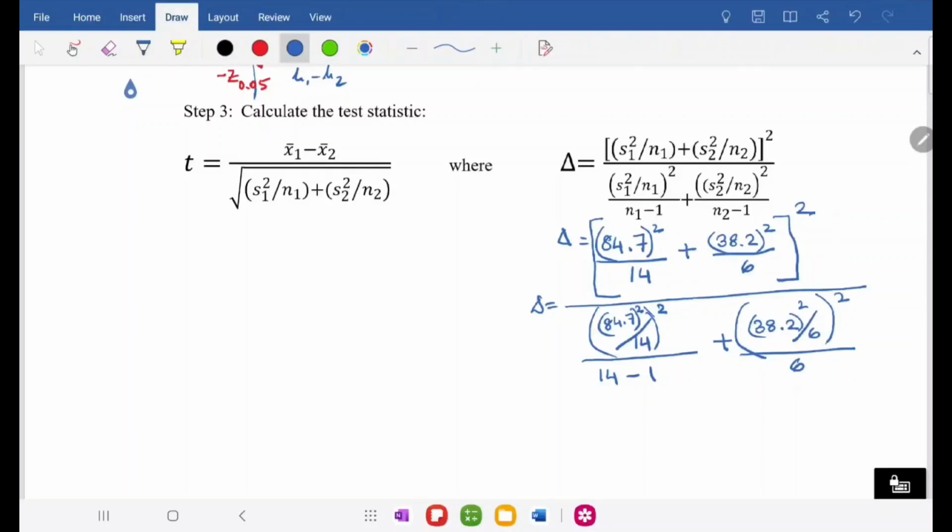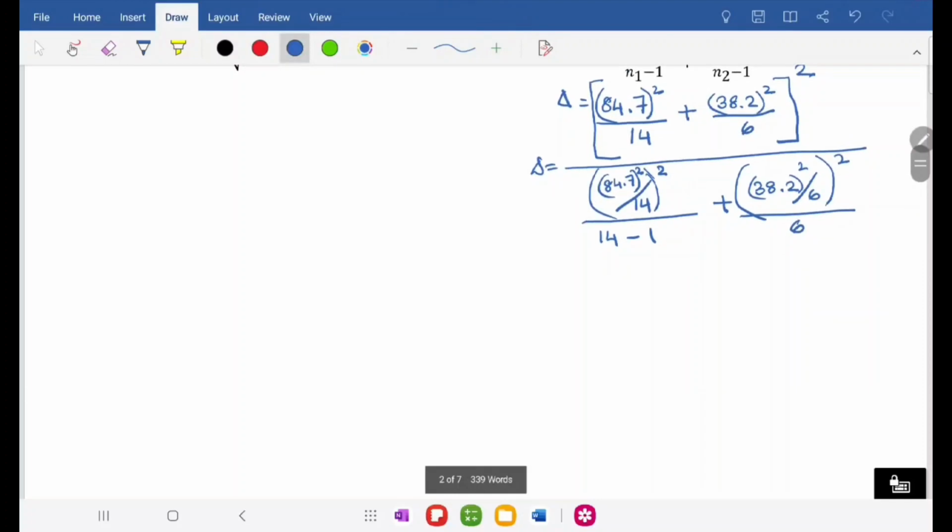Otherwise, if you try to punch in the whole thing at once in your calculator, there's a big chance that you may enter a wrong value and you will get the wrong degrees of freedom answer. When we do the calculation, the denominator has N sub 2 minus 1, which is 6 minus 1. Let me not forget that.